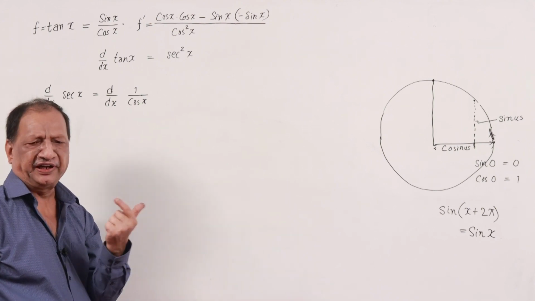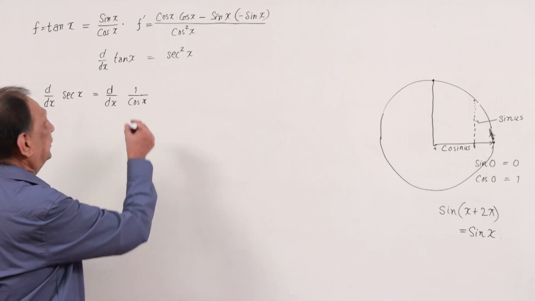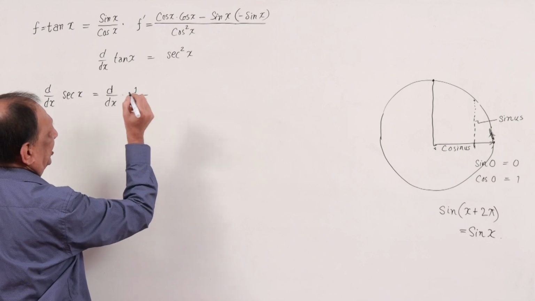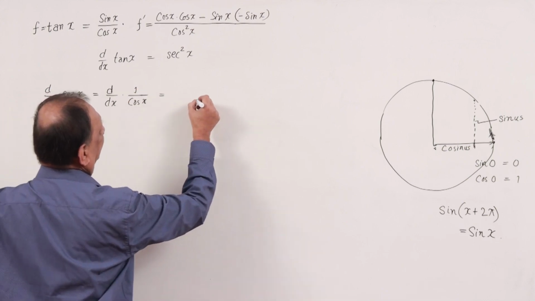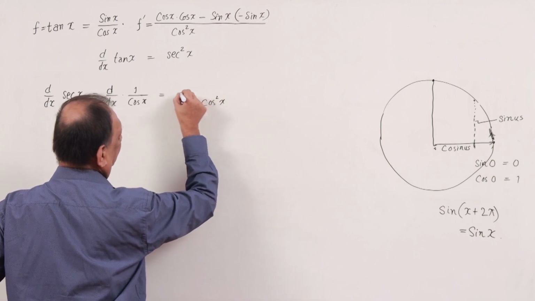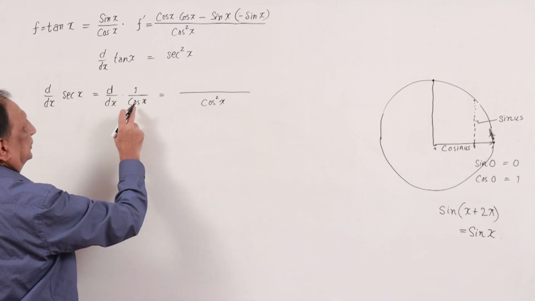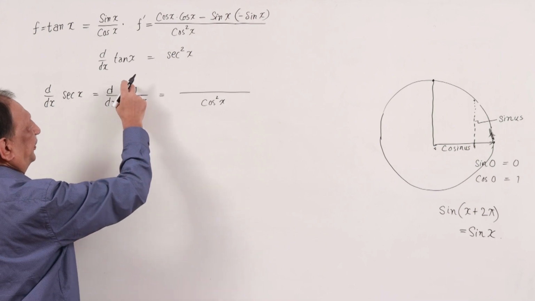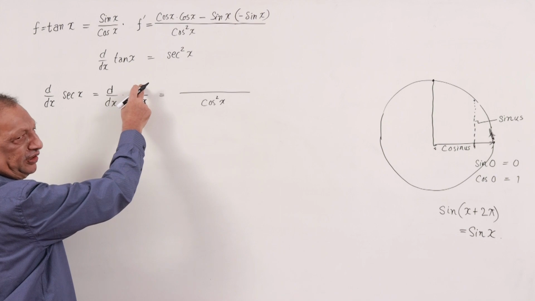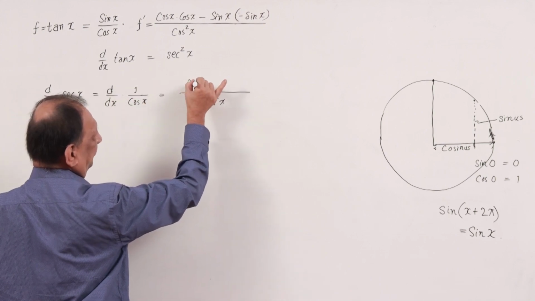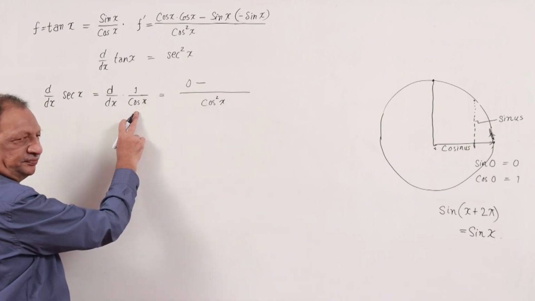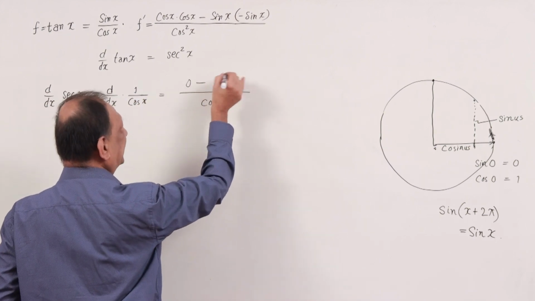Function of a function, we didn't actually cover that ground, so I won't use that. So we have a fraction here, numerator and denominator. So this should be the square of the denominator, which is cos squared x. So g f prime minus f g prime. So cos x multiplied by the derivative of 1, which is 0, minus 1 multiplied by the derivative of the denominator, which is minus sin x.